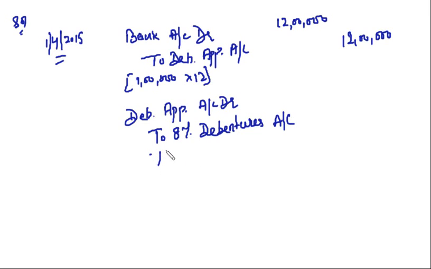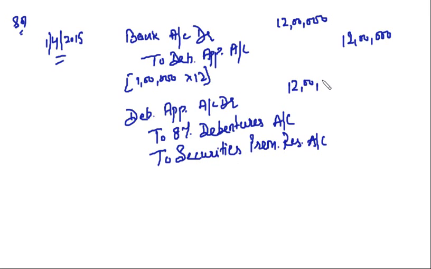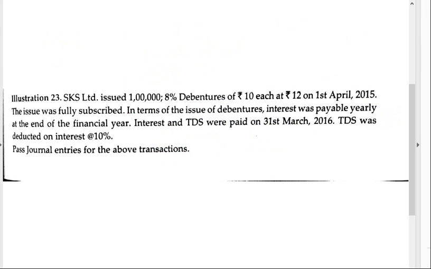And to securities premium reserve account, right? 12 lakh, and debentures will always be credited with face value. Face value is 10 lakh rupees. So 2 lakh is the premium that will be kept in a separate pocket known as securities premium reserve account, right? Now see the question.